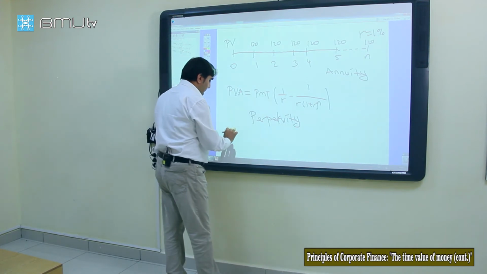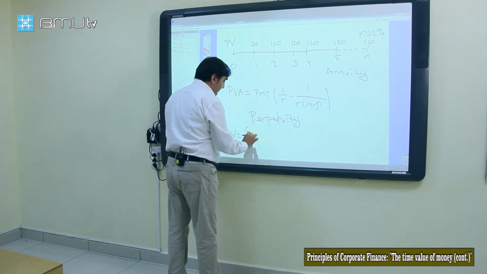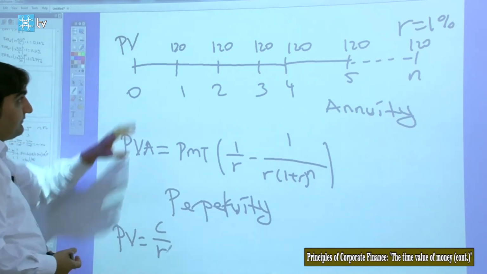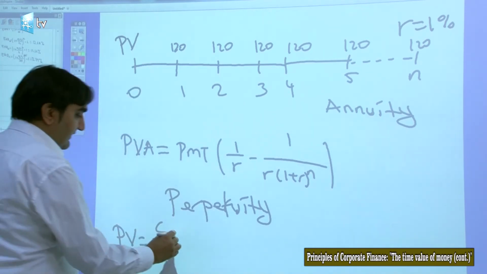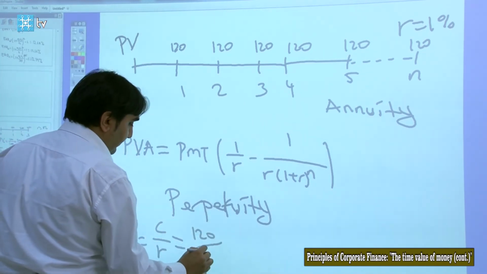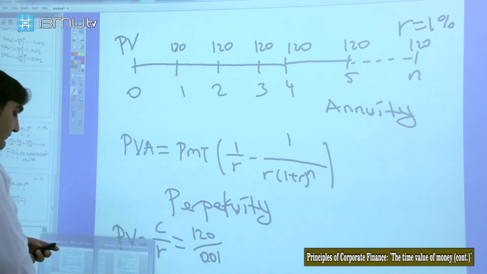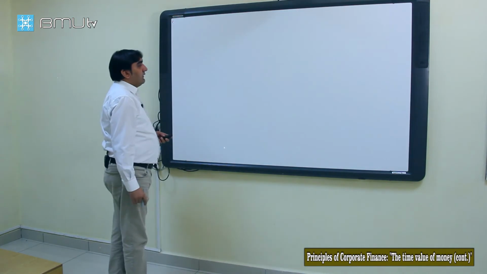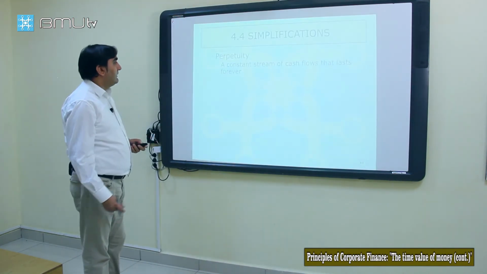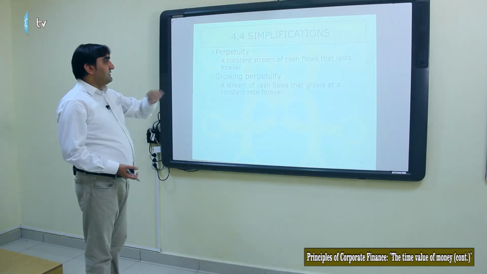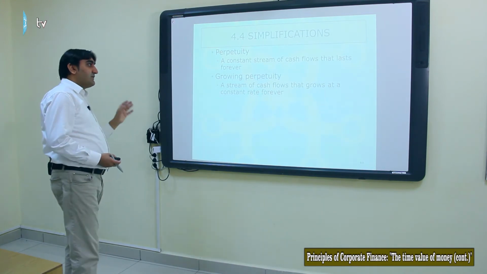The present value of a perpetuity is very simple to calculate. That's 100 divided by the rate. As I said, it's a constant stream of cash flows that lasts forever.